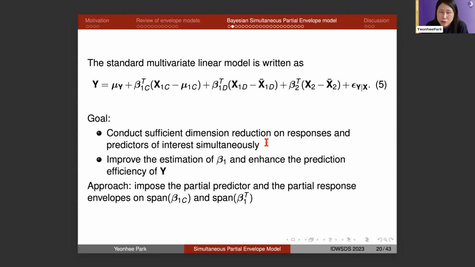Another goal is to improve the estimation of beta 1 and enhance the prediction. So our approach is to impose the partial predictor envelope and the partial response envelope on the space spanned by beta 1C and the space spanned by beta 1 transpose.